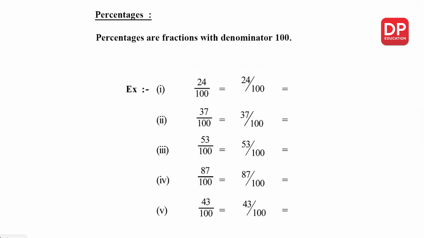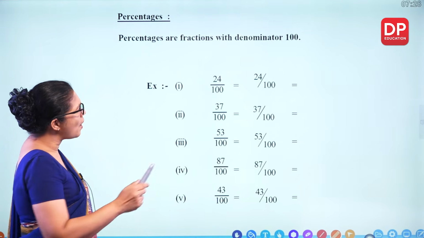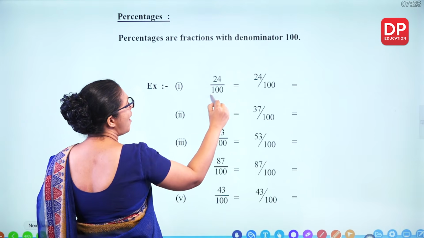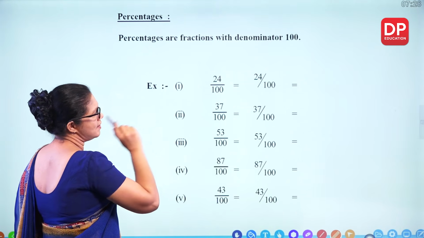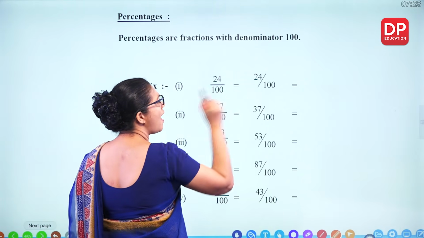So what are percentages? Percentages are fractions with the denominator 100. Look at this one. Out of 100, this is 24. So this is 24 divided by 100.